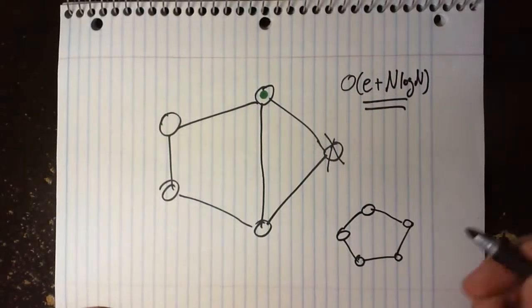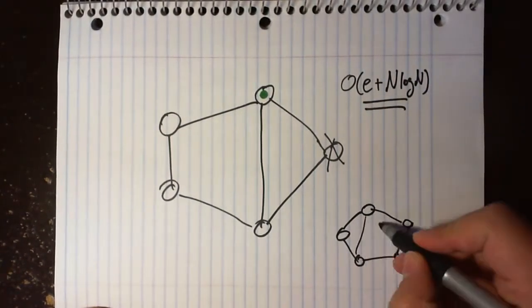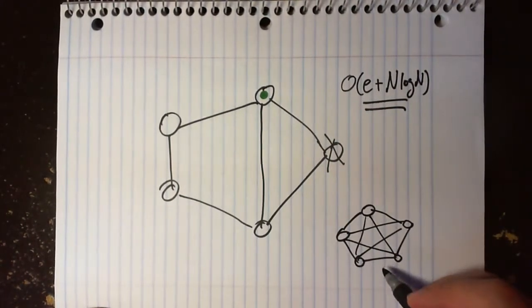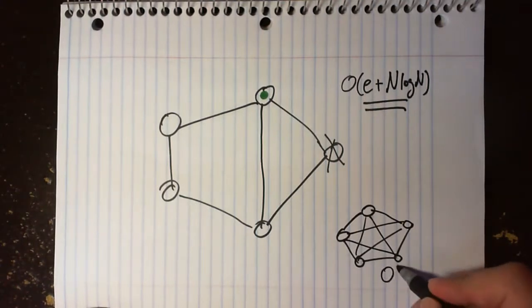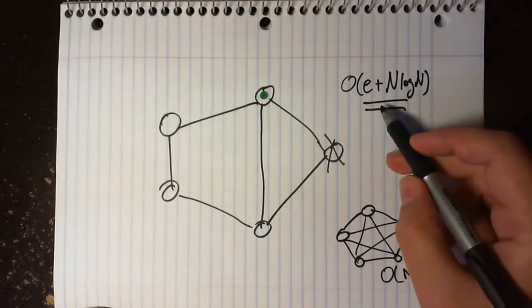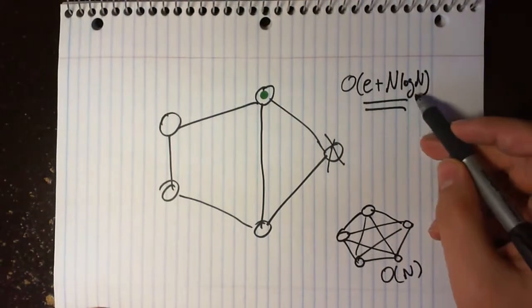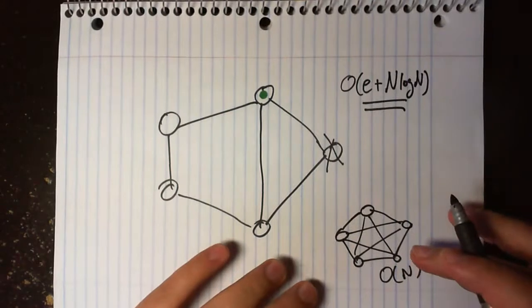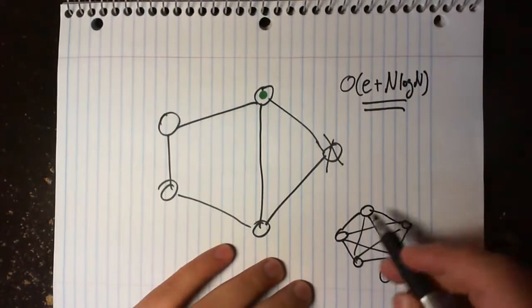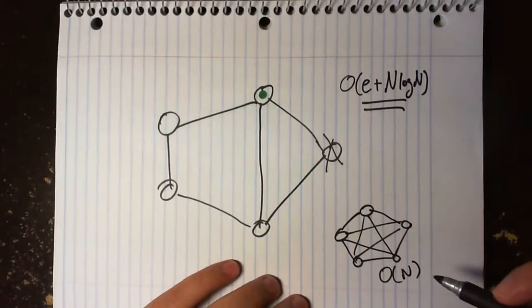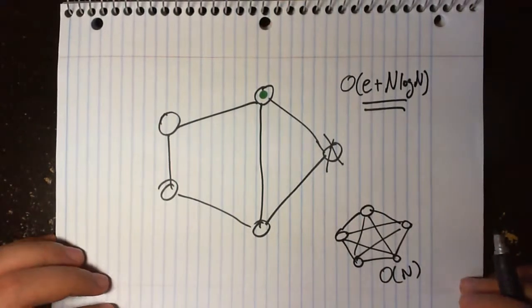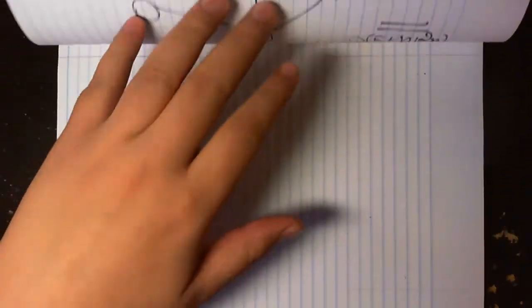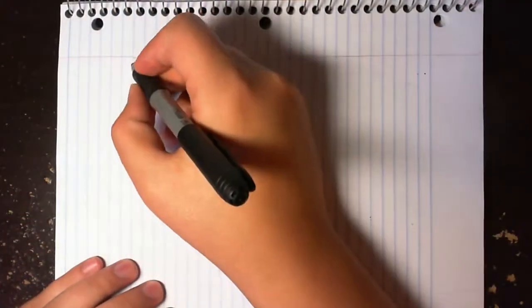If you have a complete graph, then you'd be able to get algorithms that would do it in O of n instead of E, which is n squared, or n log n, which is worse than n. So knowing the topology of the graph is going to help you develop a better leader election algorithm. Today we are going to be looking at leader election in a special graph called the Hypercube.